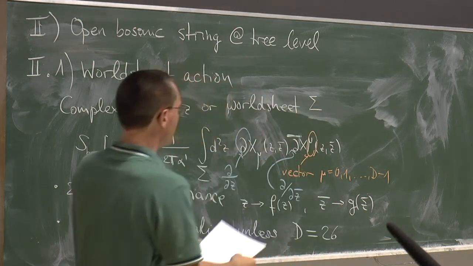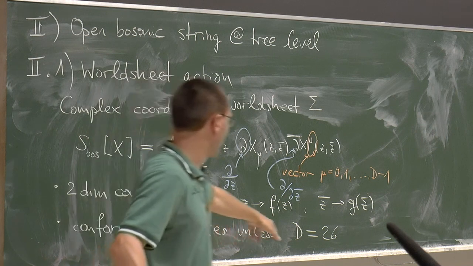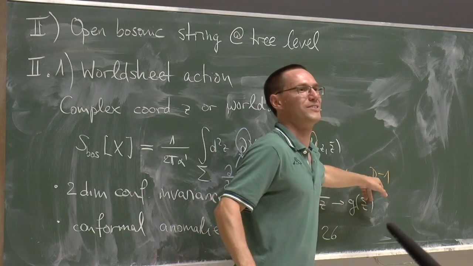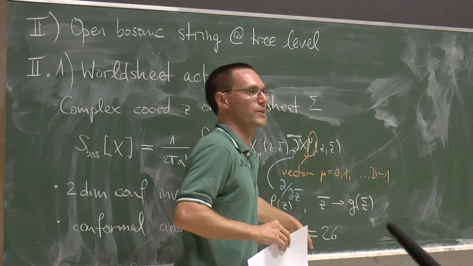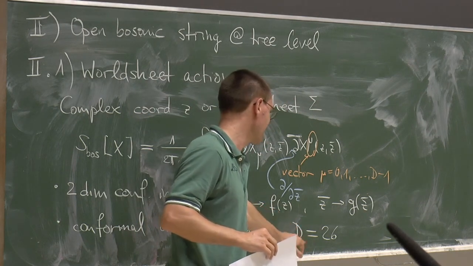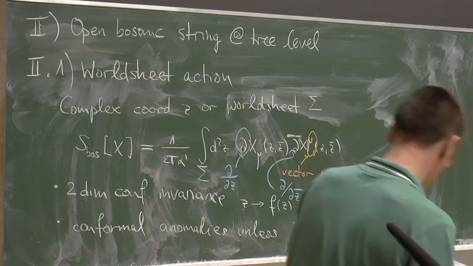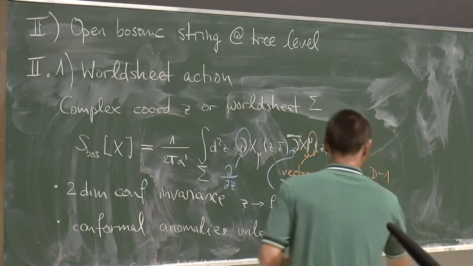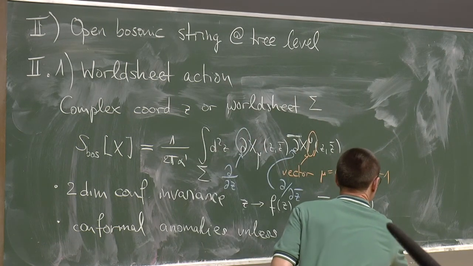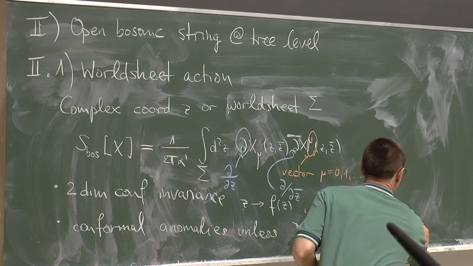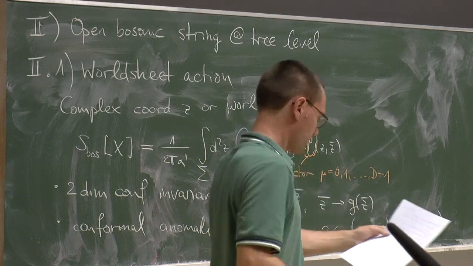You have a problem with preserving the conformal symmetry unless you make a good choice for the number of space-time dimensions. And here, for the bosonic string model, the correct answer to avoid anomalies is 26. The bosonic string wants to live in 26 dimensions. And by the same token, if you were to do the anomaly bookkeeping for the superstring, then there you find the critical dimension d equal 10.